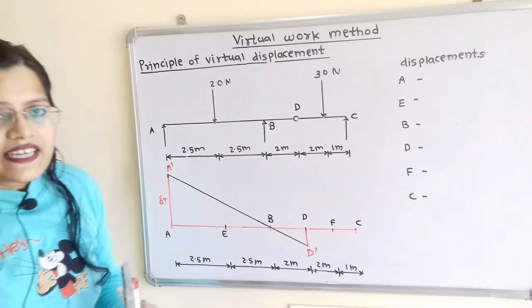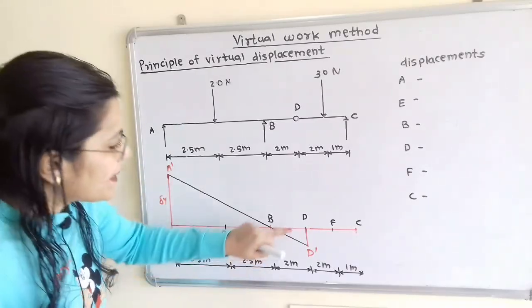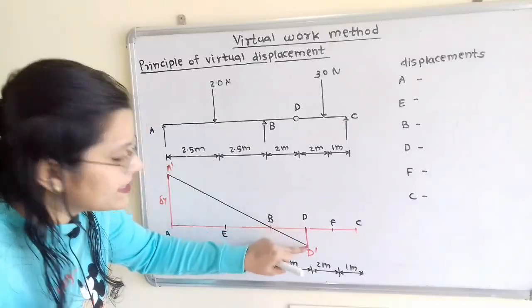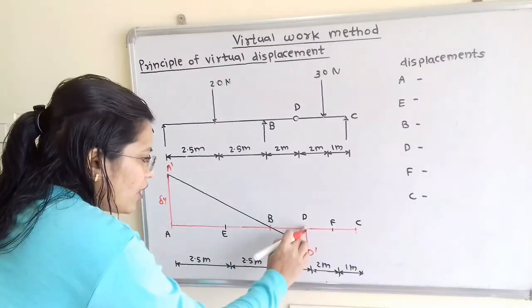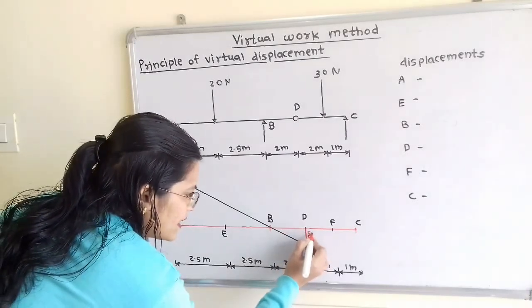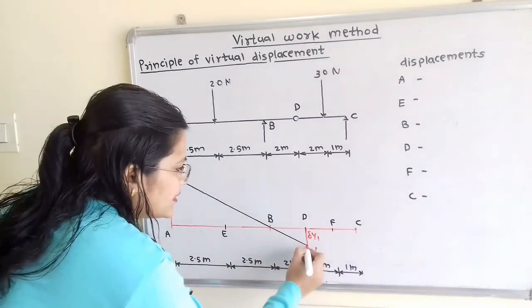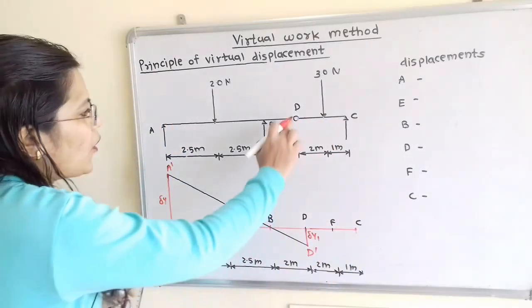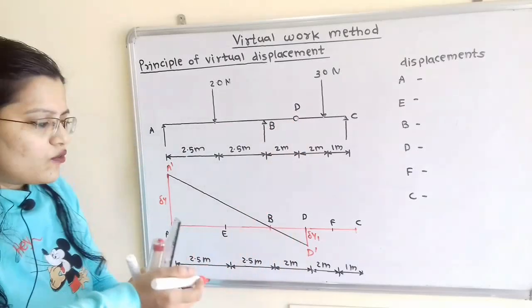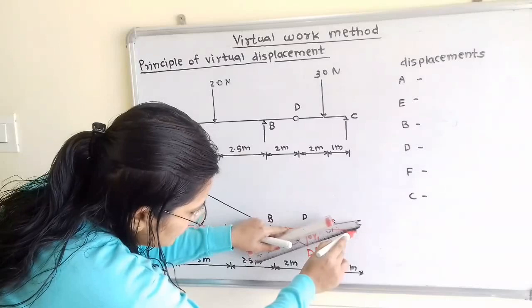So the inclination of this part DC is with respect to the displacement DD dash. So we can say that here the displacement at point D will be delta y1, and then the D to C part is also inclined, because point D will move in the downward direction. So we will show here the inclination of D dash C.